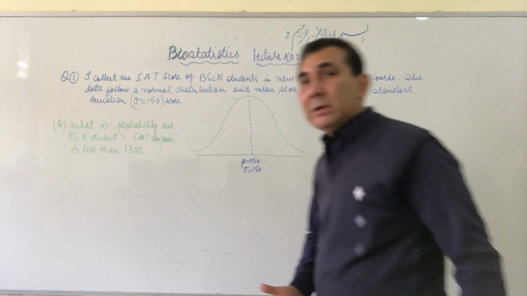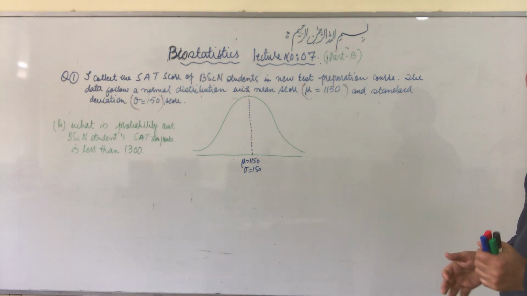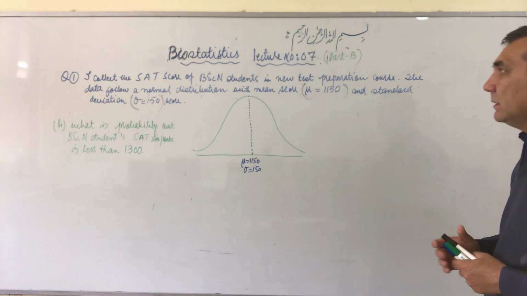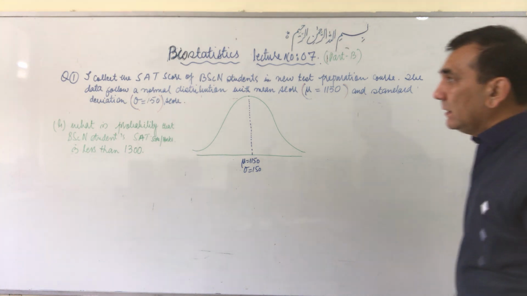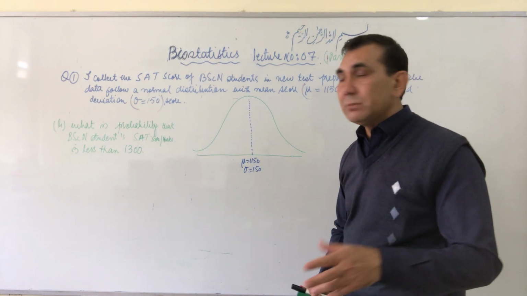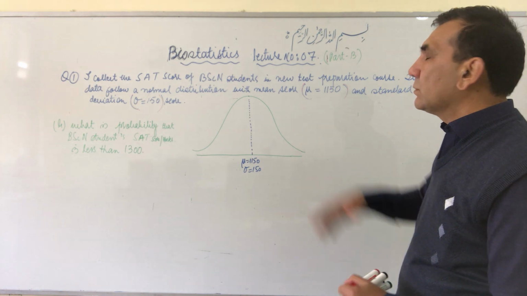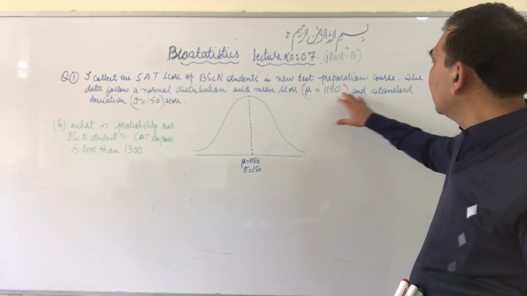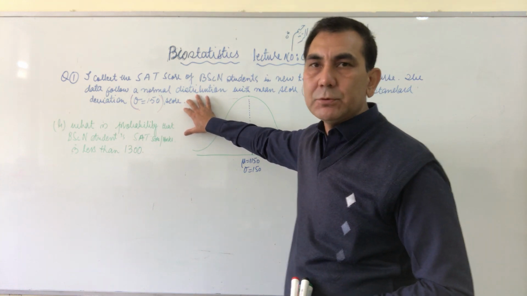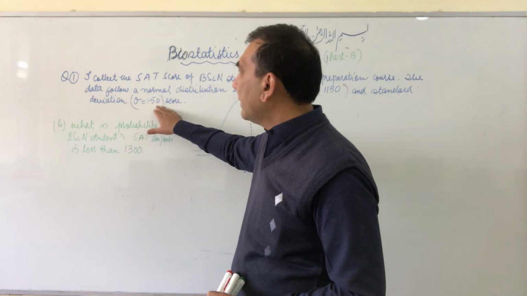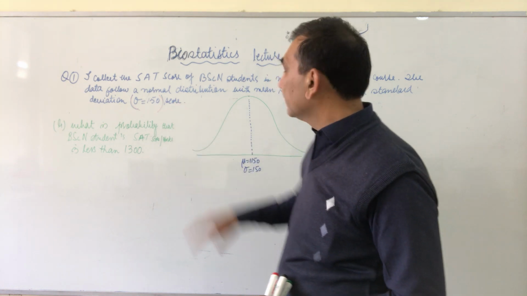In the same example, I collected the state scores of BSN students in a test preparation for the biostats course. The data follows a normal distribution with a mean score of 1150 marks and a standard deviation of 150 scores.